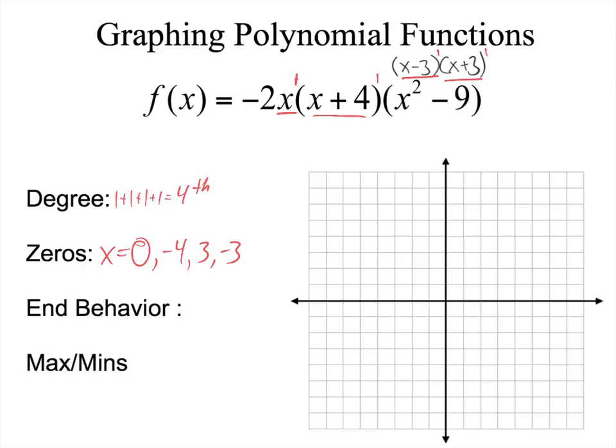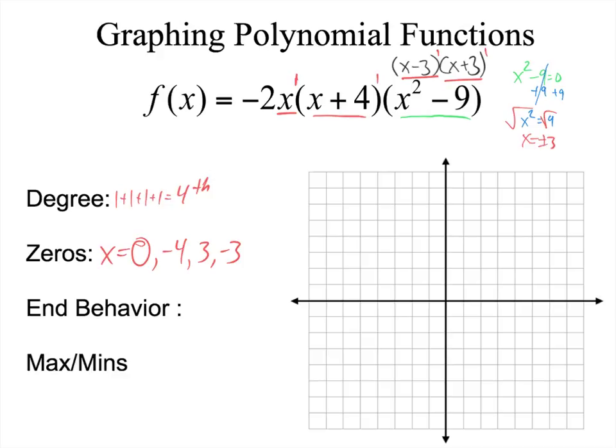Now, another way to find your zeros is you could technically take this, watch this, and set it equal to 0 and solve it. It's kind of interesting. If I set that equal to 0, you actually get the same zeros. Add 9 to both sides. Square root both sides.